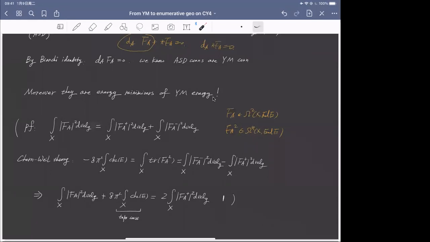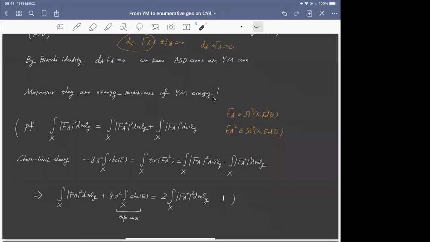The theory of Chern and Weil says that although this curvature can be very complicated, after this manipulation it becomes a topological thing: the second Chern character of this bundle E integrated on X, up to a constant of minus 8 pi squared. So this is a topological invariant.